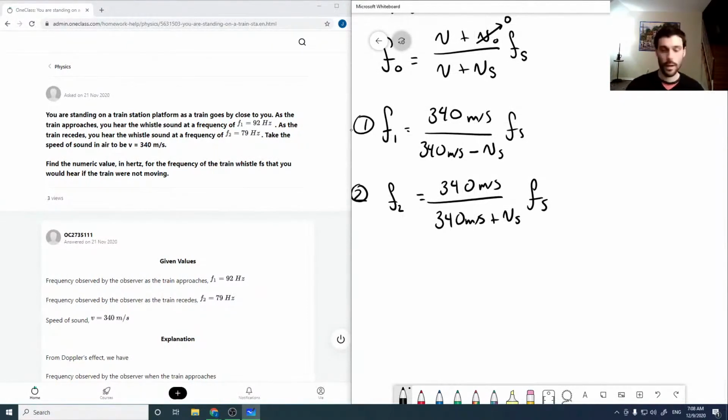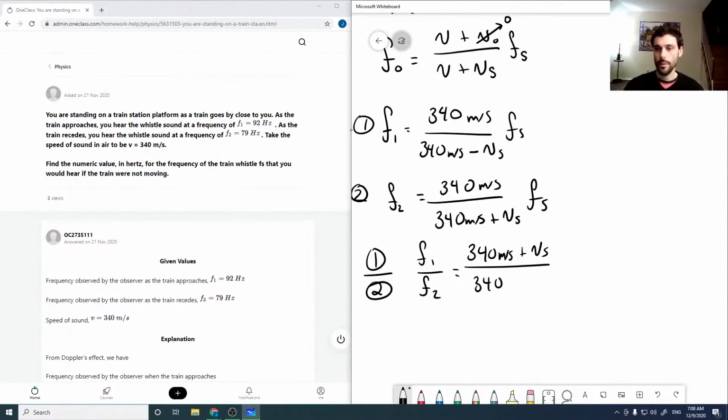So if we do 1 divided by 2, then we're going to cancel out the source frequency and be left with this expression.